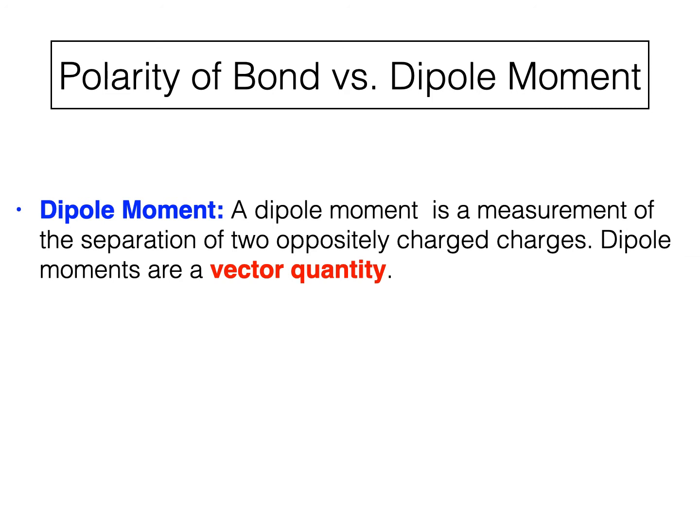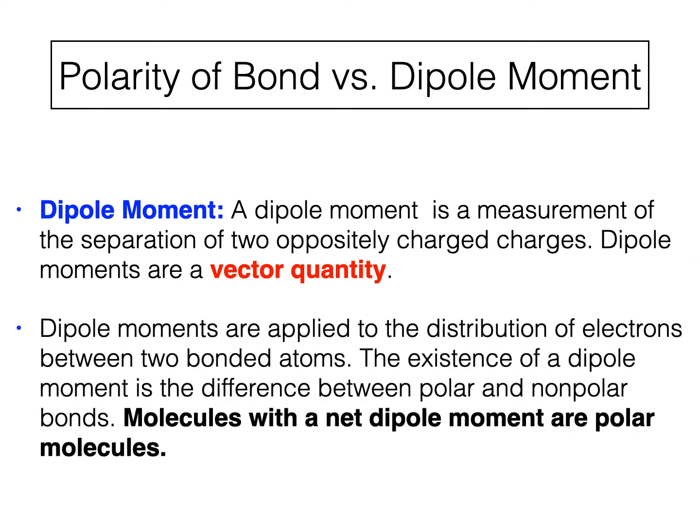On the other hand, the individual bonds might be polarized, but because of the geometry, there may be a canceling out, and the effect ends up being no pole existing, and therefore no dipole moment being present.